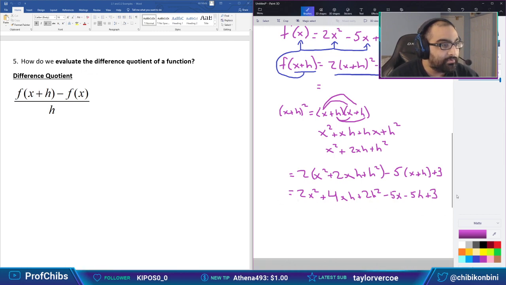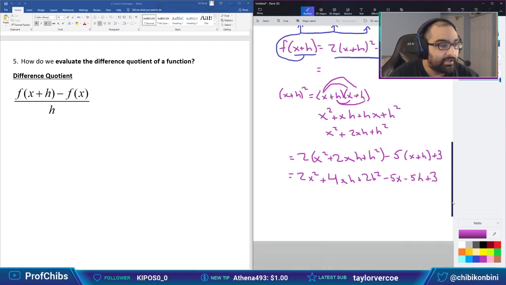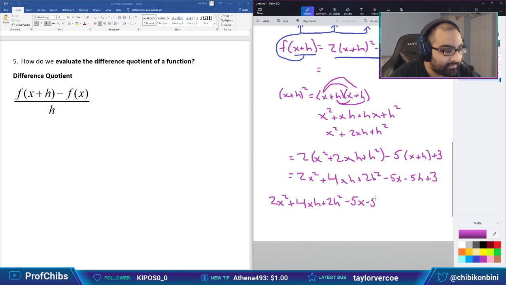So next, what we're going to do specifically is f of x plus h minus f of x. So all of this stuff here is f of x plus h. Let's write this down one more time because there are certain things we want to do. And what we want to do next is subtract f of x.